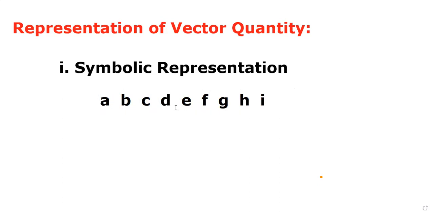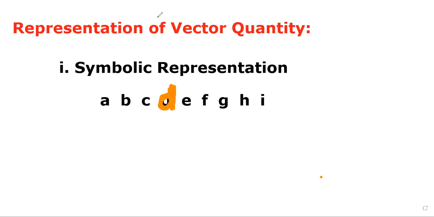Suppose D is a vector quantity, then it would be comparatively bold. So if any symbol is comparatively more fatty than others, it means that is a vector quantity.